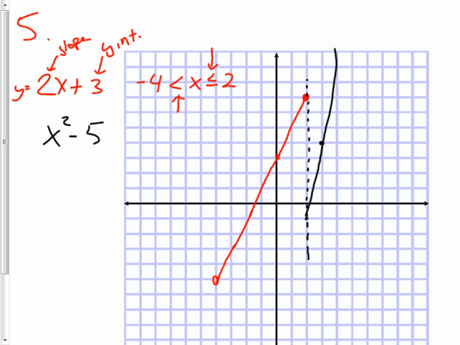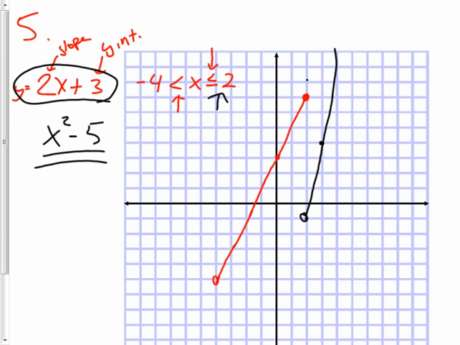So I've got to look at my domain on this other one and say, is it at 2? It's this function. It's not this function. So it's got to be an empty spot. Now, I check my endpoints and make sure this thing passes the vertical line test, and it does. And that's it. There's your answer for number 5.